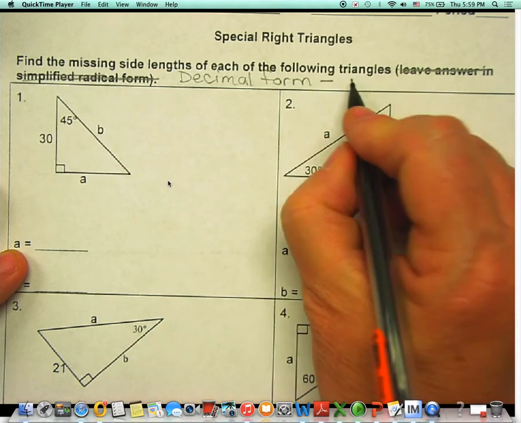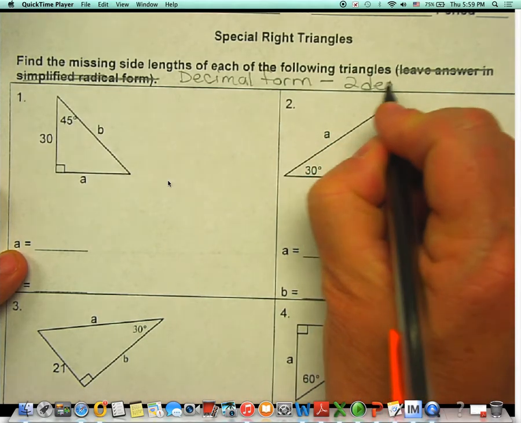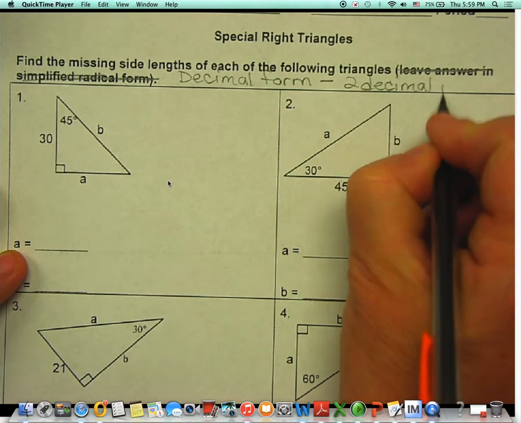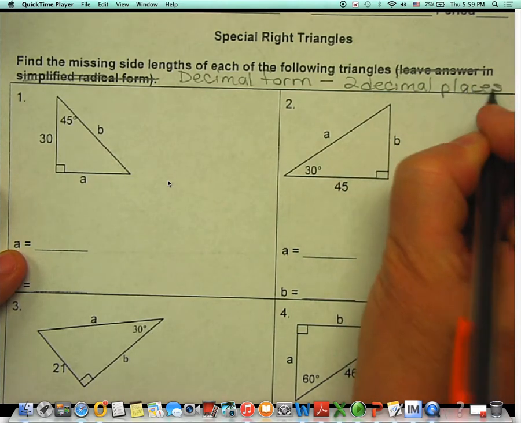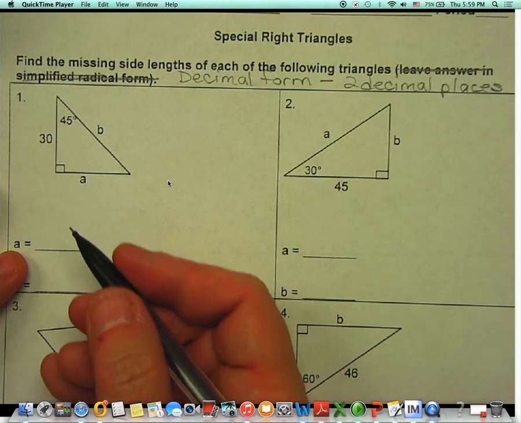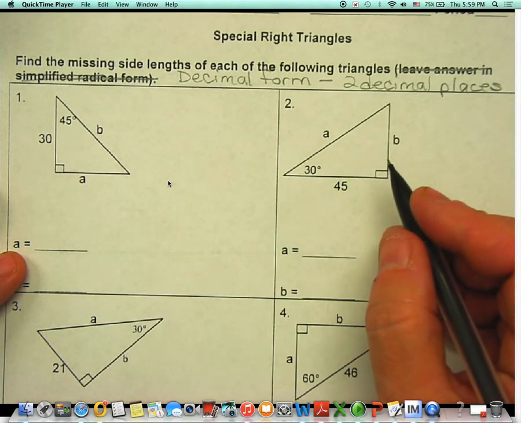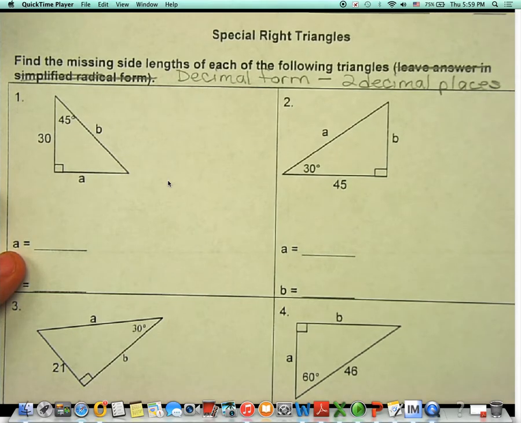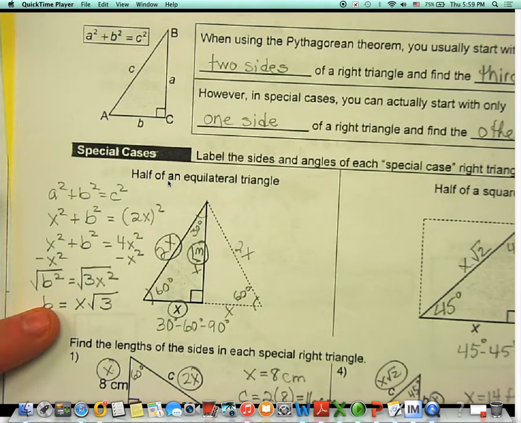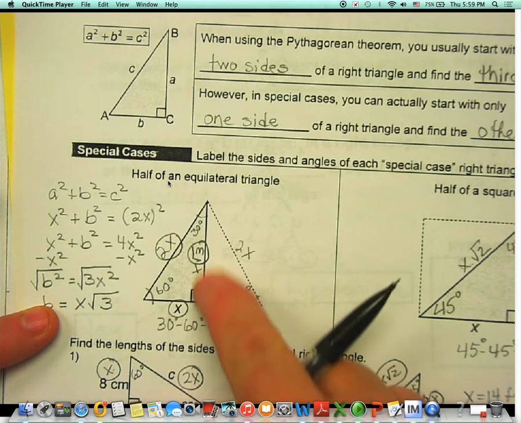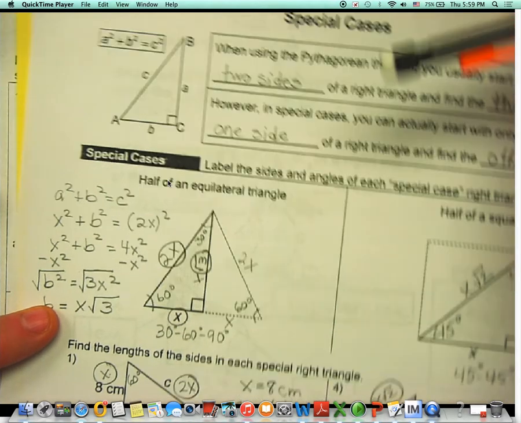And let's do it to 2 decimal places. Okay, so you have to determine what kind of triangle it is. This one would be a 45, 45. This would be a 30, 60. And then use the correct labels for your triangle and solve.